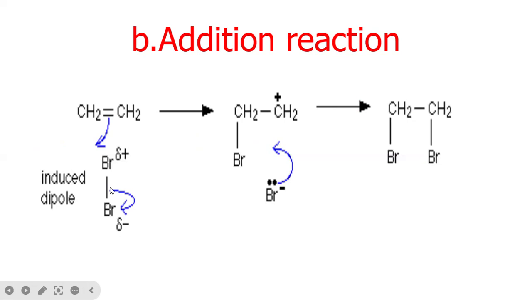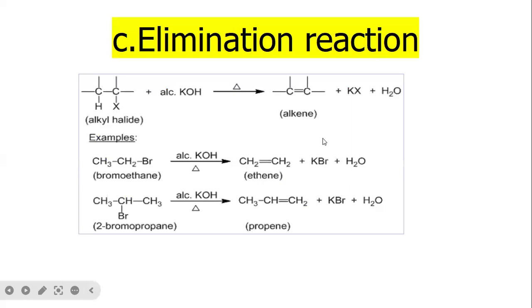That's why the electrons flow from the alkene double bond to the partially positively charged bromine, and a positive charge is induced on this carbon. The bromide ion, which is negatively charged, attacks this positive charge and neutralizes it.